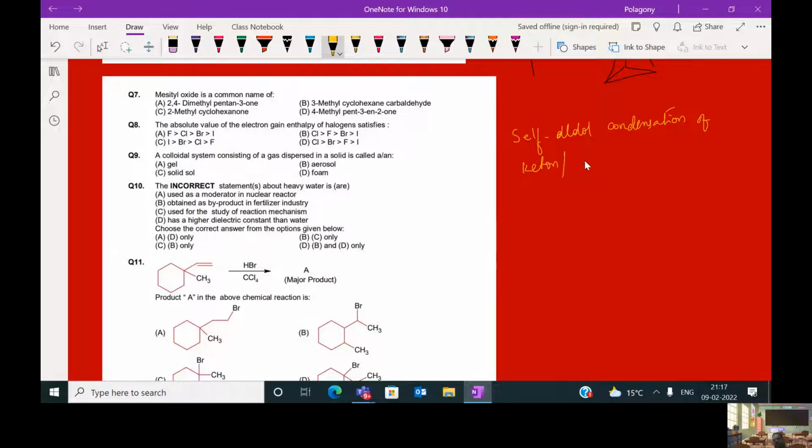The ketone example is acetone, which we can write as propanone.